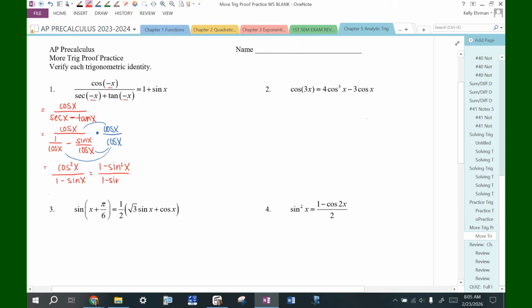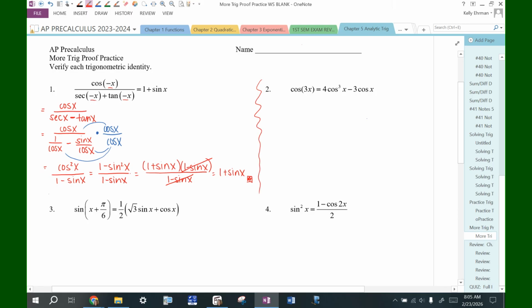Be careful on your algebra here. You can't go canceling individual terms, but you can factor this difference of squares in the top: 1 plus sine x, which is what we want, times 1 minus sine x, divided by 1 minus sine x. So these 1 minus sine x's divide out to 1, and we're left with 1 plus sine x, which is what we wanted.